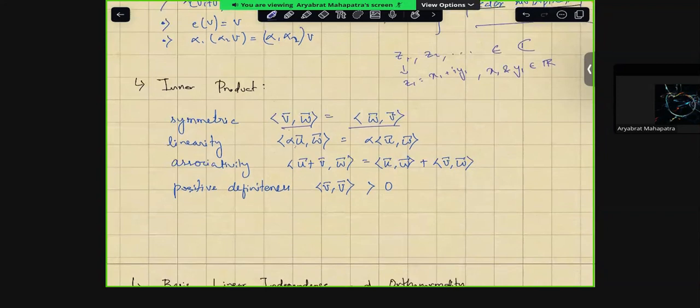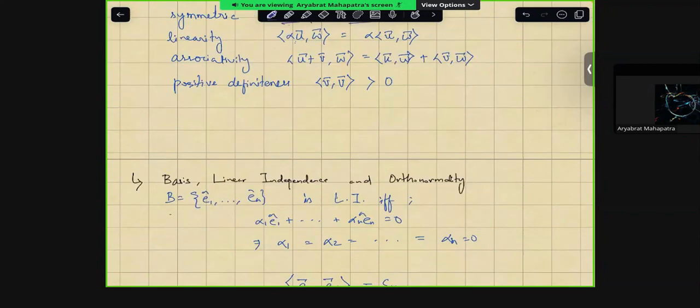Positive definiteness is another very important feature of vector spaces, and you will see it directly in quantum mechanics, one of the interesting direct applications, where positive definiteness is a key property.